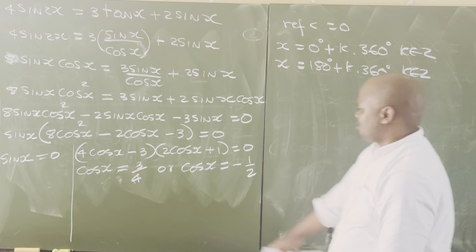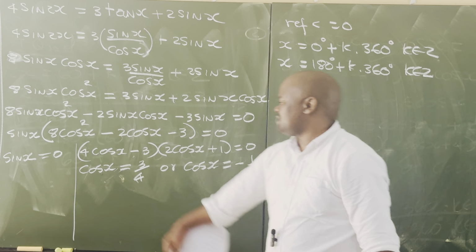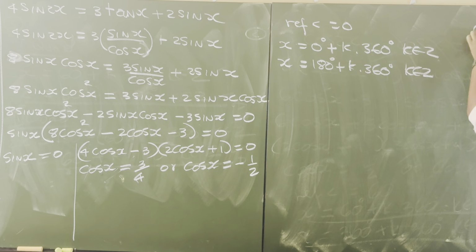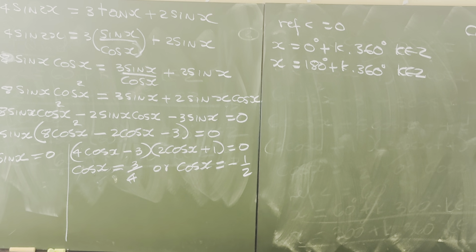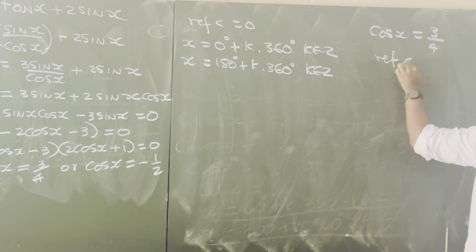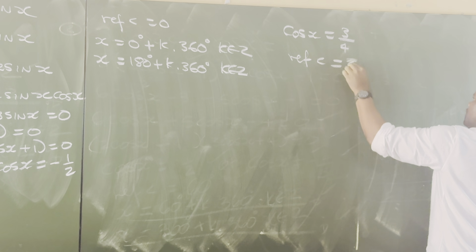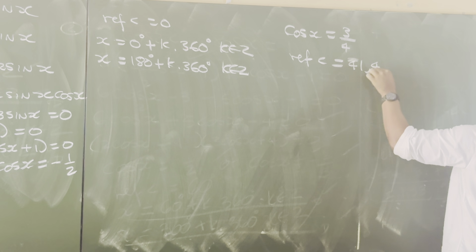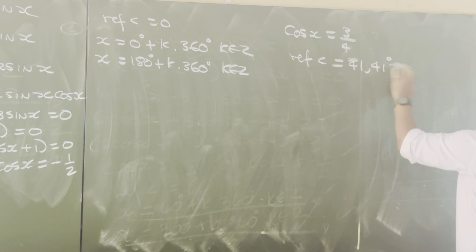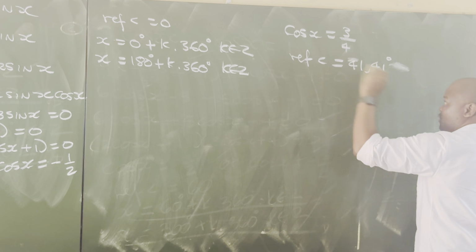Now let's find the solution for cos x is equals to 3 over 4. The reference angle is 41,41. Then we are in the first quadrant.